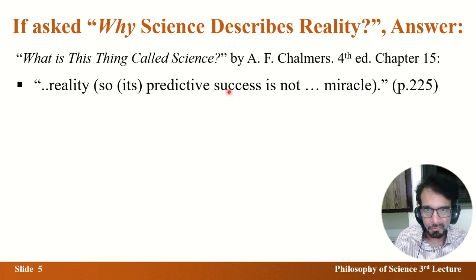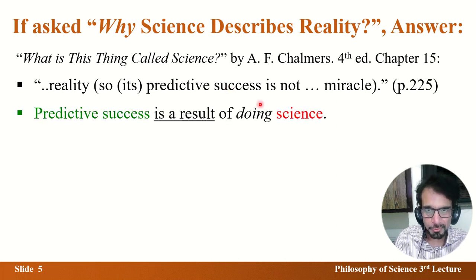So if the success of science can be explained, then similarly science can be explained, if an explanation of science is philosophy of science. Okay, that's maybe a side issue, and we come back to the point that science describes reality because science is successful, and successful means it has successful predictions.